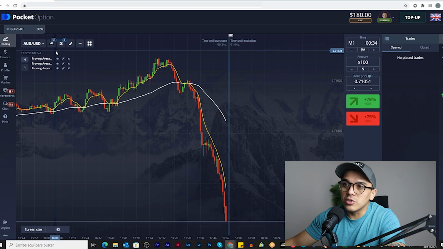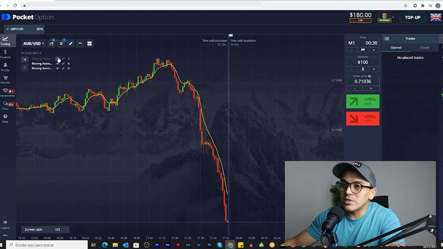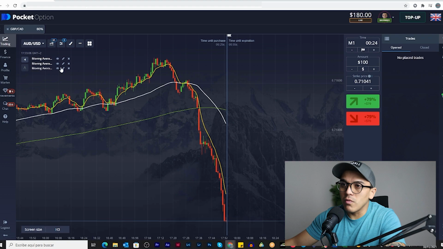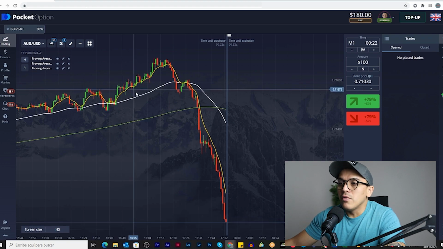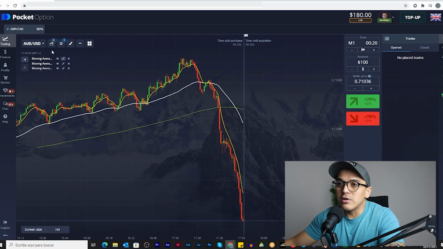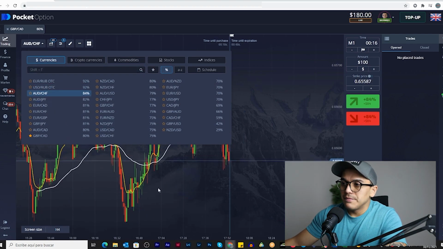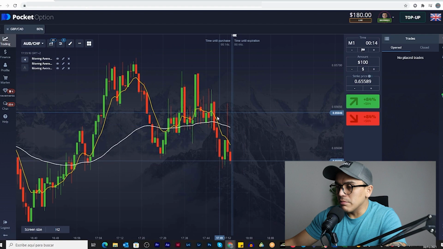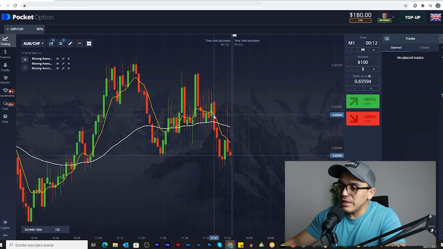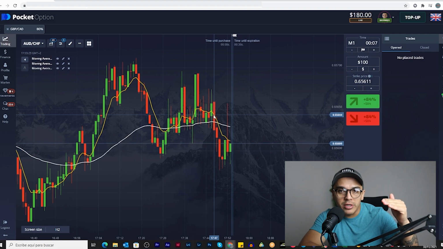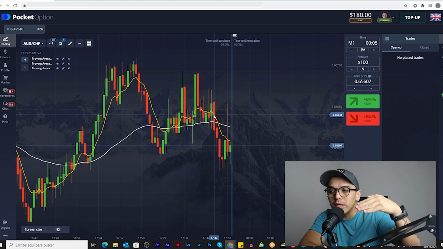Remember, we are going to use 3 moving averages: one period 60 in white, one period 8 in yellow, and one period 200. I'm going to trade for a put almost all the time, at the moment it's crossing the yellow, or when it's above the yellow moving average and crossing down through the white moving average.